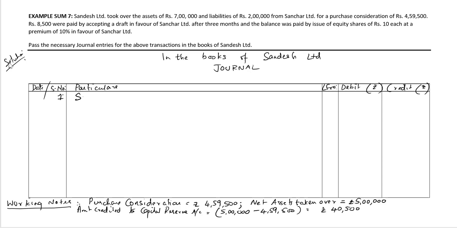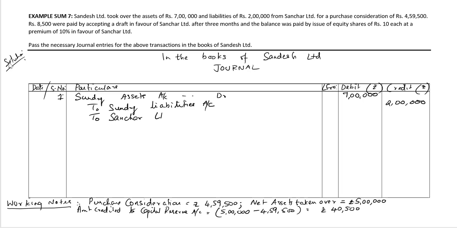Therefore, the first journal entry: sundry assets account debit, 7 lakh rupees, to sundry liabilities account, the liabilities taken over is rupees 2 lakh, to the name of the vendor, Sanchar Limited, and the amount of purchase consideration is rupees 4,59,500.